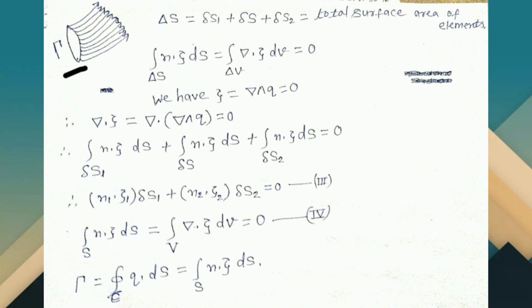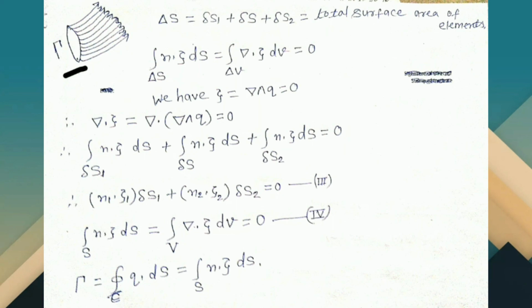To form a vorticity tube, let delta S1, delta S2 be the two sections of the vortex tube, and let N1, N2 be the unit normals to these sections drawn outwards from the fluid between them.